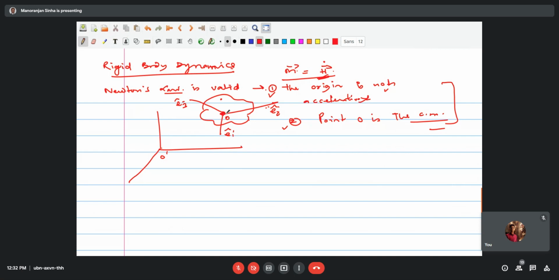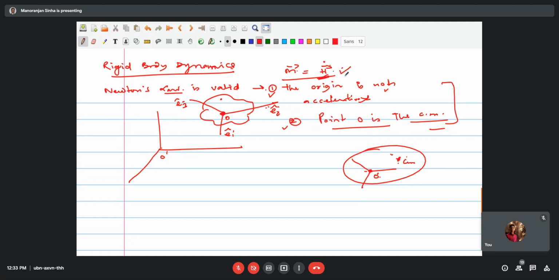If your center of mass is here and this is your origin, then this point should be non-accelerating. If it is accelerating, then this is not applicable. So this is O and this is the center of mass. In that case, this is not applicable. If point O is the center of mass, then immediately the problem gets solved. If you shift O to the center of mass, then this is applicable.